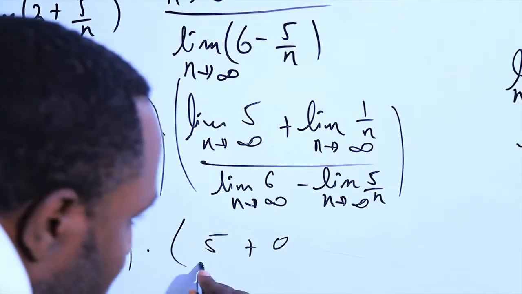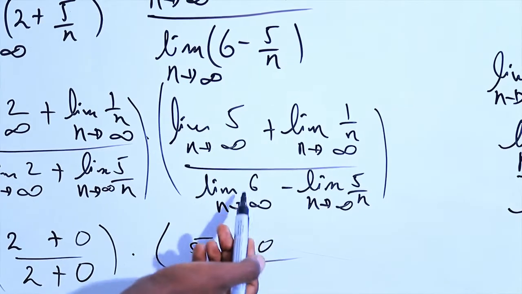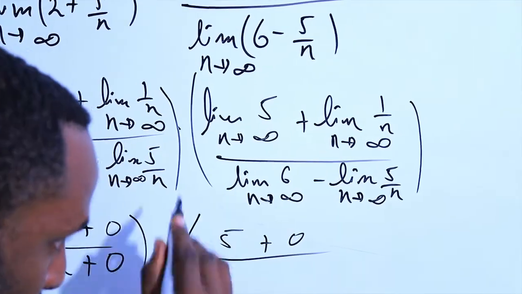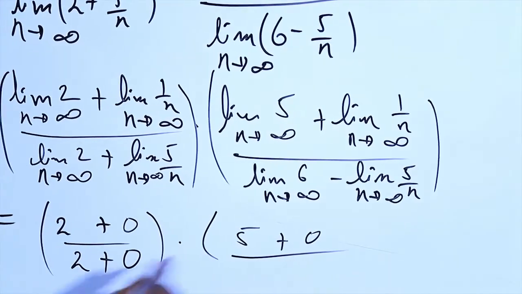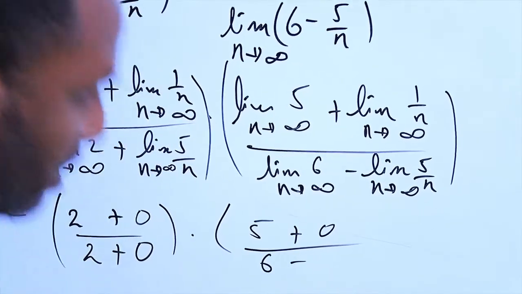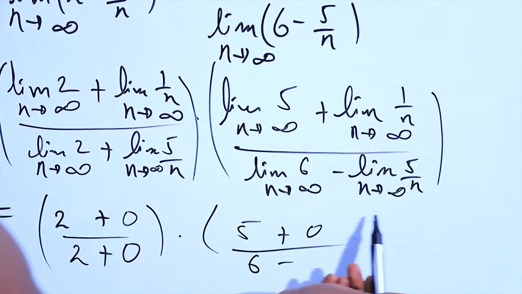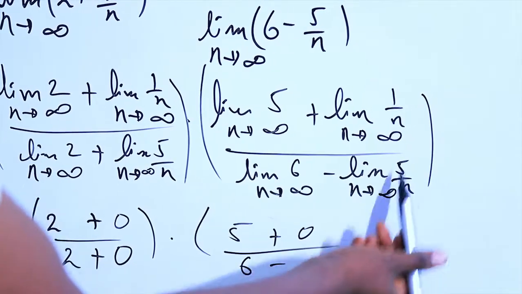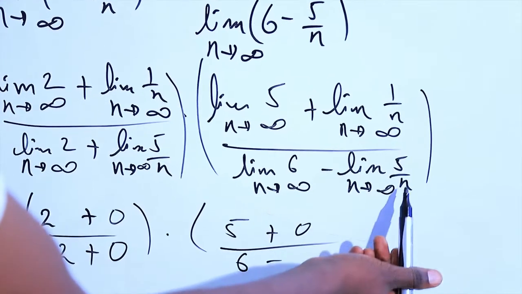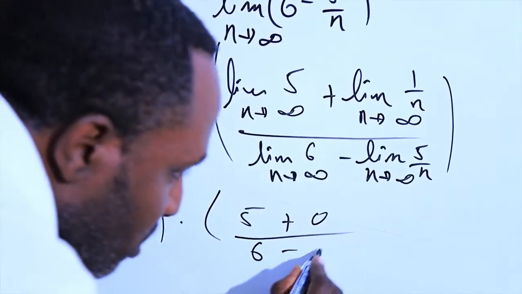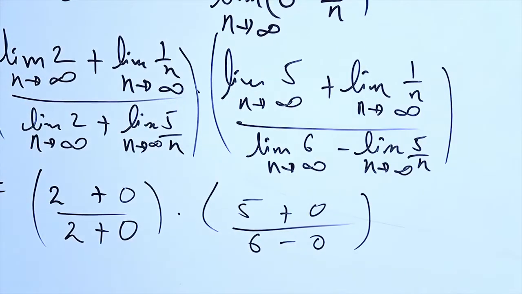And again, the limit of the constant sequence 6 when n tends to infinity is 6, because the limit of a constant sequence is always the constant, minus the limit of 5 over n as n approaches infinity. When n becomes larger and larger, 5 over n becomes smaller and smaller towards 0.